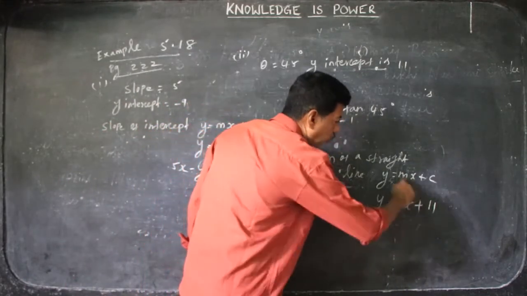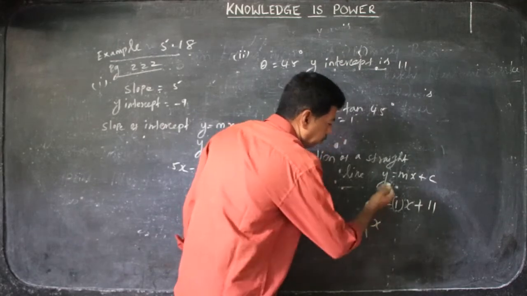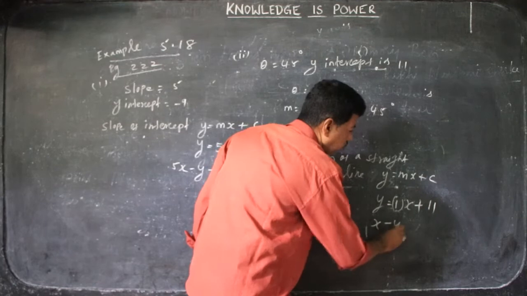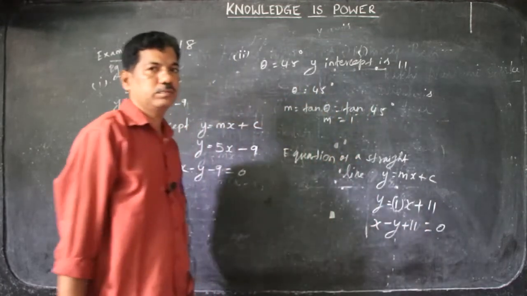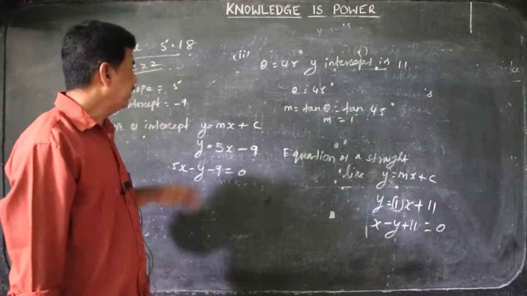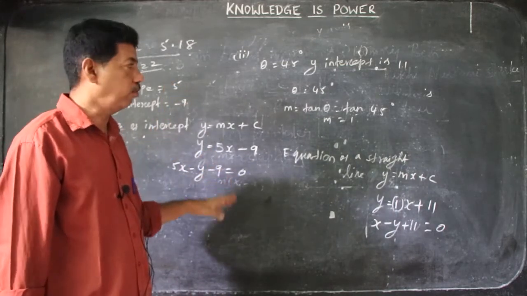So y will go there: x minus y plus 11 equals 0. That's all. Here slope is given directly, that's why we substitute directly in the formula.